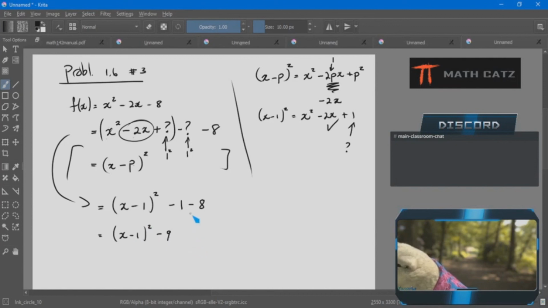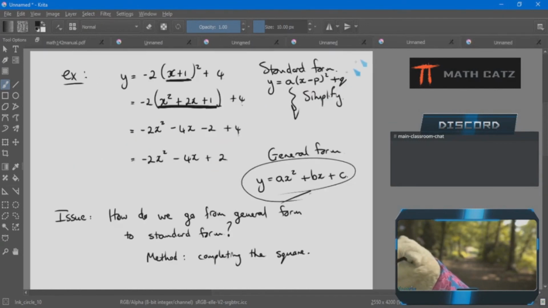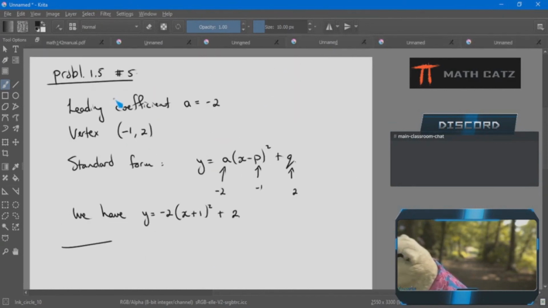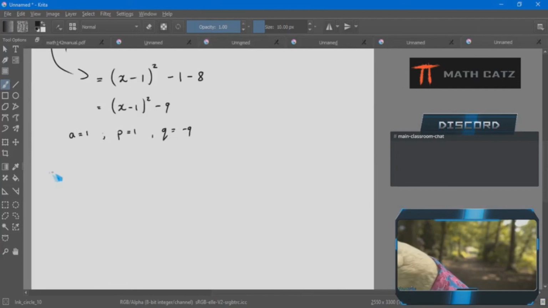All right. This now tells me a is 1, p is 1, q is negative 9. That means I have everything I need. I can now finish it in the exact same way as I did, not number 5, number 4, make my transformations. Now I'm not going to do the whole thing here.